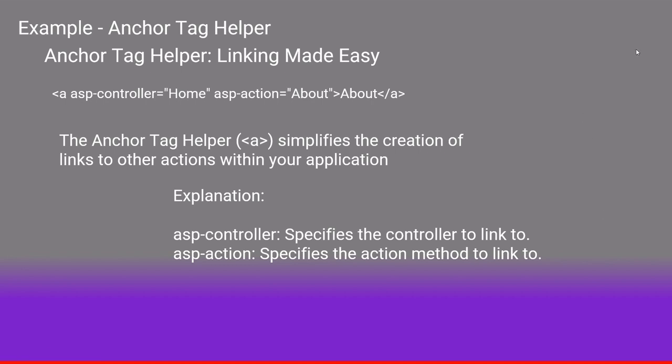The asp-controller specifies the controller to link to, and asp-action specifies the action method. In this example, we are creating a link to the About action in the Home controller. When the Razor view is rendered, the anchor tag helper will automatically generate the correct HTML href attribute for the link, ensuring that it points to the right URL.